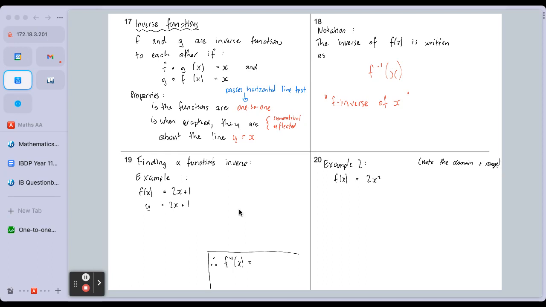And you remember what I said before? For an inverse function, all we're really doing is flipping the x and the y coordinates, right? So guess what we're going to do now? Flip the x and the y. So the next line is x is equal to 2y plus 1.